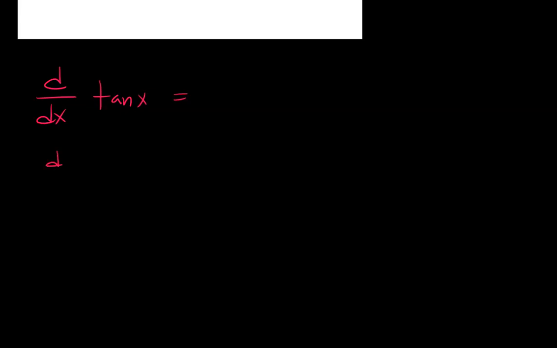So if I write tangent as sine divided by cosine, I can now find this derivative because yesterday we learned about quotient rule. So because this is 2 functions being divided, I can do the quotient rule on this.